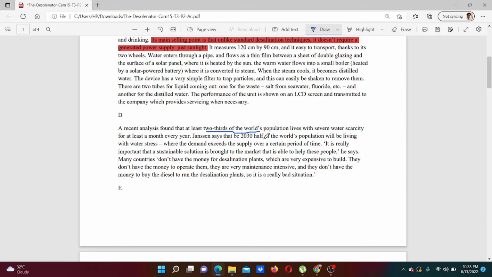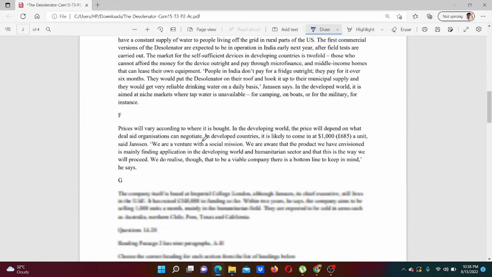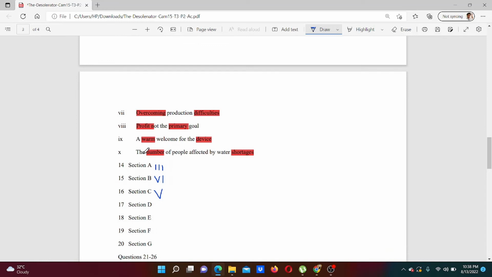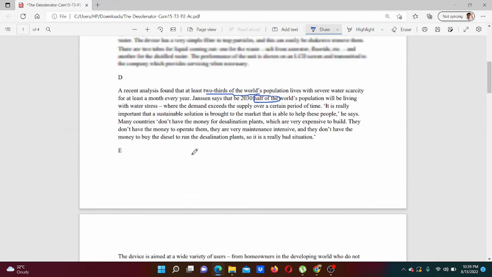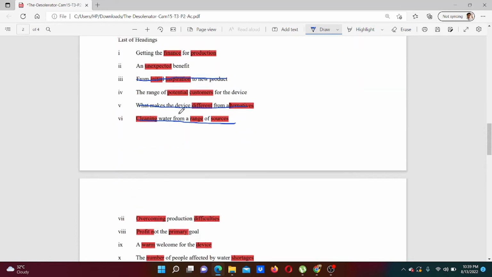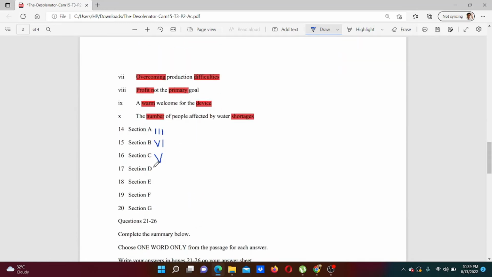Jensen says that by 2030, half of the population will be living with water stress, so they are mentioning a specific number, and we have also seen that heading. I think maybe here: the number of people affected by water, and that number is what? Half of the population in 2030. So the answer will be 10. Okay. Next, section E.